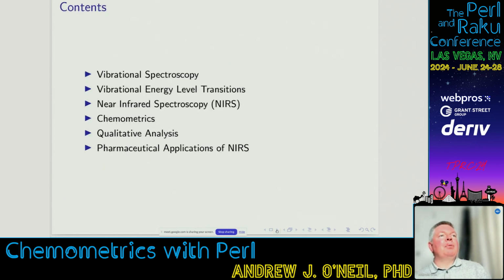So the contents of my talk today then is to briefly go over what's called vibrational spectroscopy. That is the spectroscopy, the interaction of electromagnetic radiation with the bonds in molecules, principally organic molecules, and that interaction leading to absorption of energy by the electron cloud that causes the bond to start vibrating.